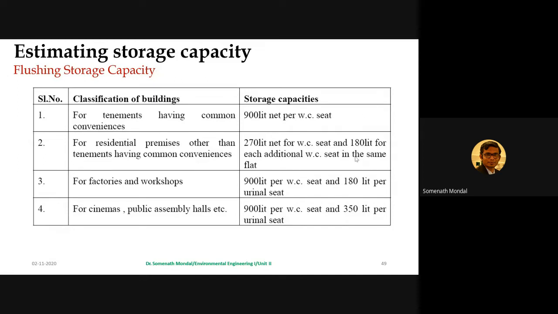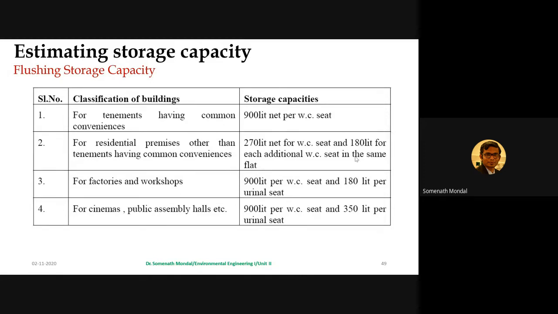And when we talk about public places like cinemas, public assembly halls, etc., we have 90 liters per water closet seat. In all these cases discussed in rows 1, 3 and 4, we have public gatherings, and because of that, the total amount of storage required is much more compared to the residential area.